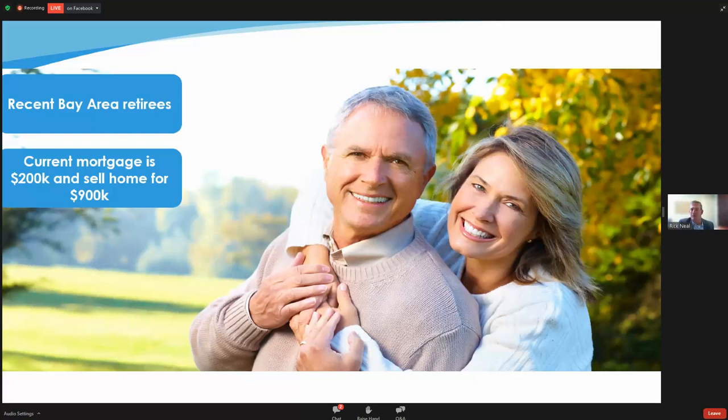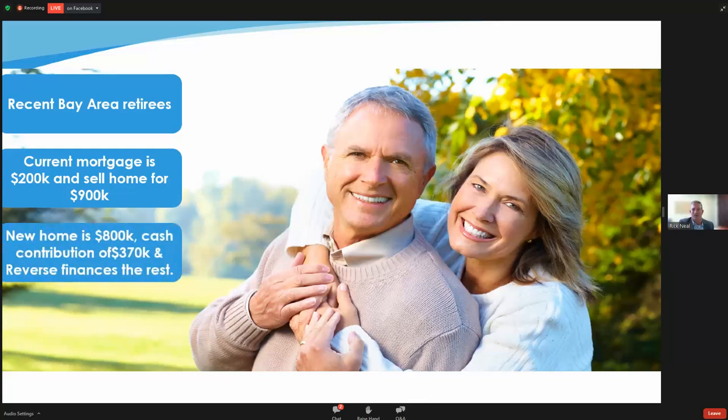Their current mortgage is $200,000. They sell it for $900,000 after commissions, so they have $700,000 in net proceeds from the sale of their previous home. The new home they purchase with a reverse is $800,000.